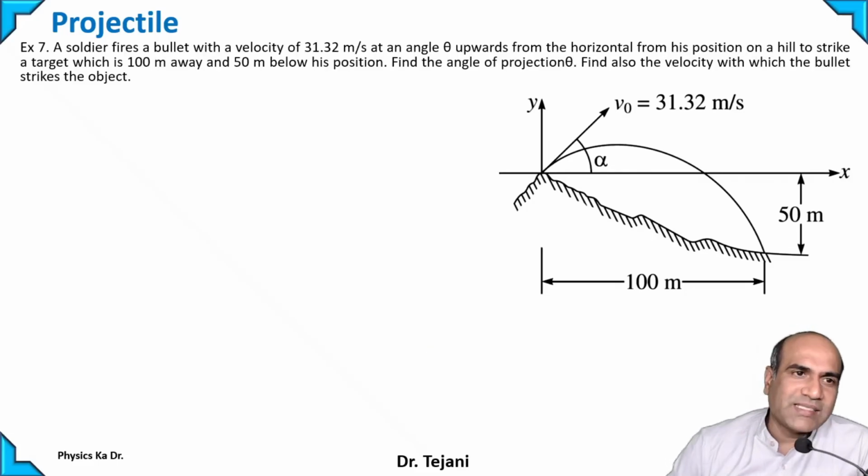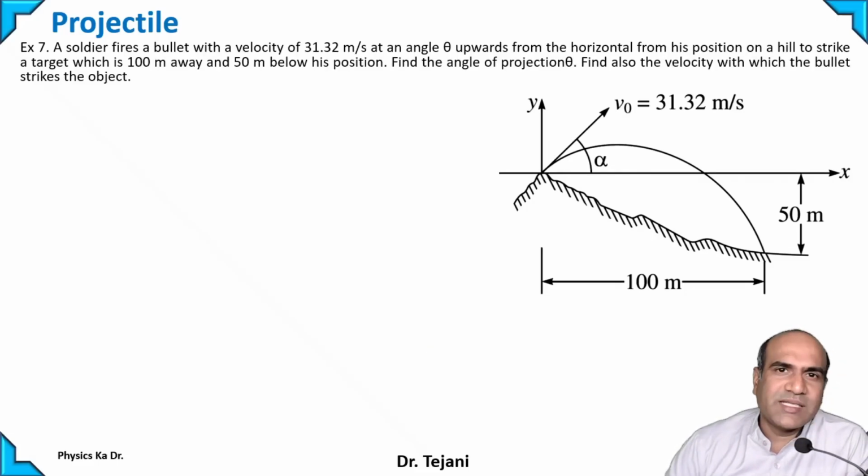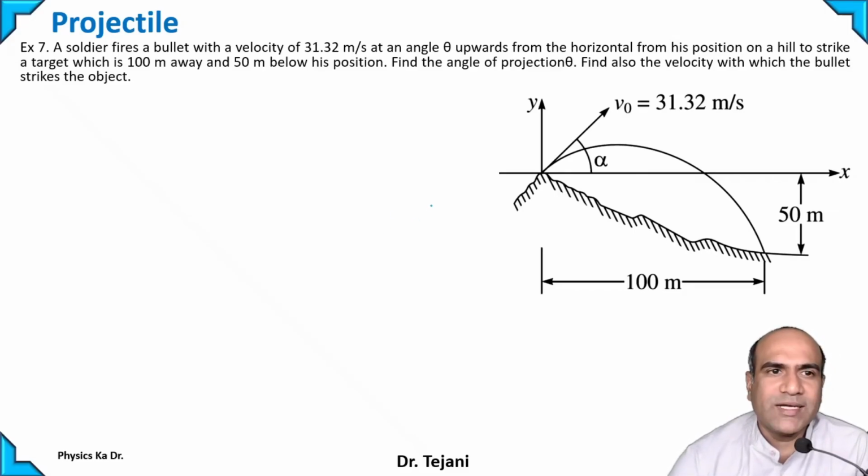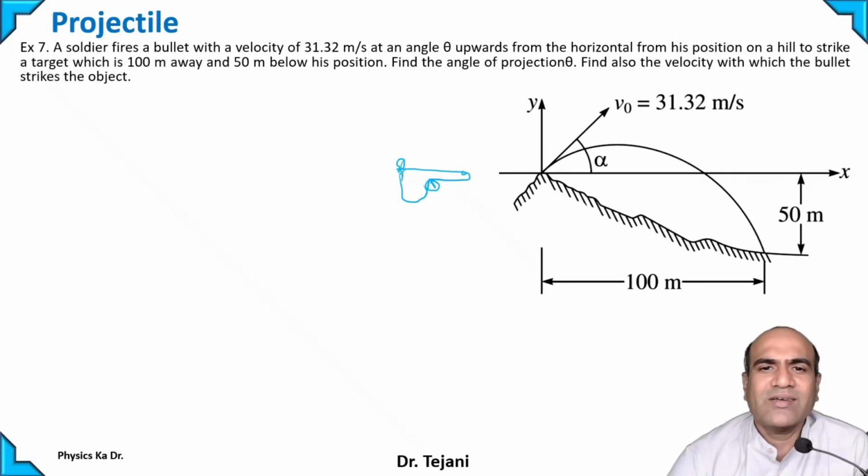We have one more example, example number 7. A soldier fires a bullet. Let's draw a gun. This is a gun. Oh, it looks like a finger. Oh, it is an advanced gun.